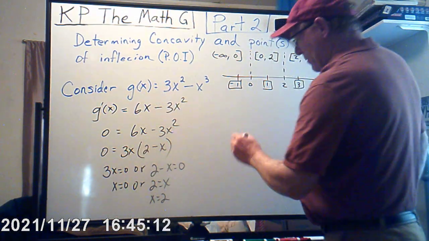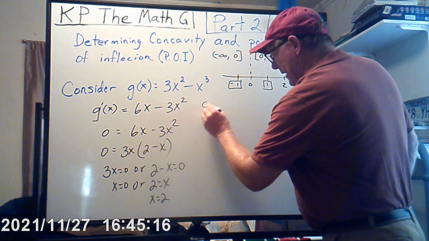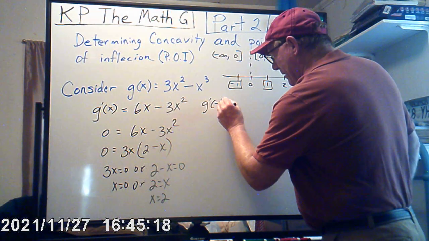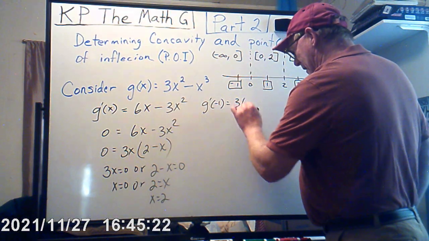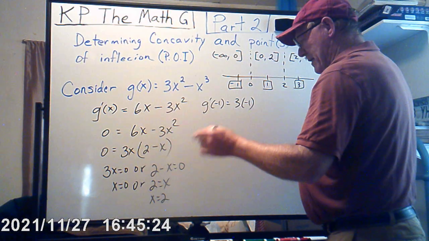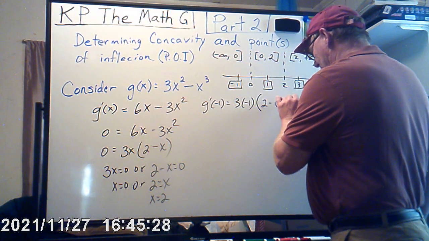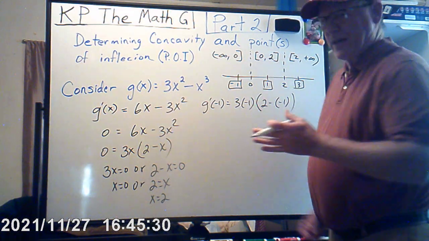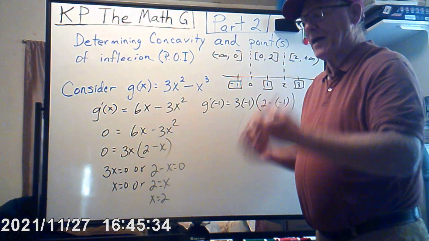Okay? So here's what we've got. We're looking at g prime at negative 1, and that's equal to 3 times negative 1 times 2 minus negative 1. Now, I'm going to give the answer on the first one, but we're not really interested in the answer.